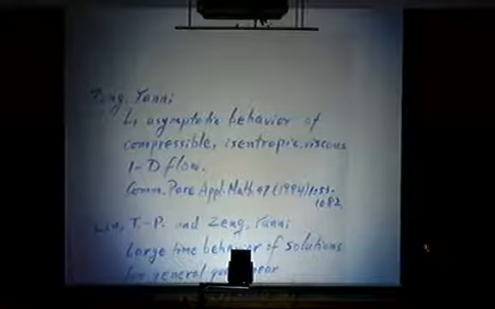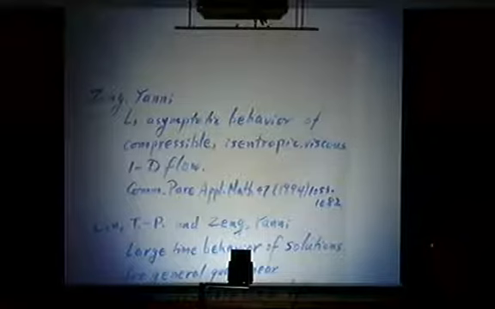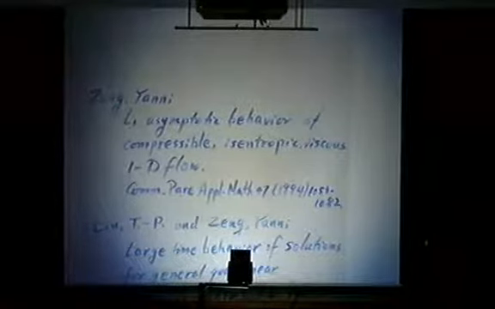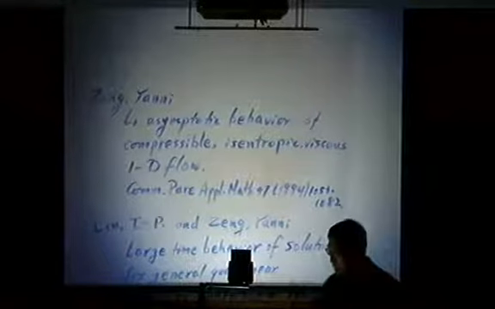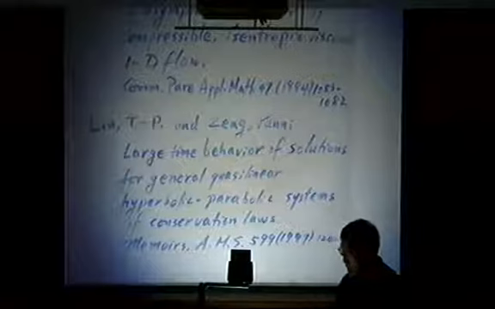But usually you look at the decay in the L2 norm, and that's very good with the Fourier transform, because the Fourier transform is isometric in that. But Yanni took the trouble of actually inverting that Fourier transform pointwise. And she did that for the p-system, and later on generalized it to the general system.